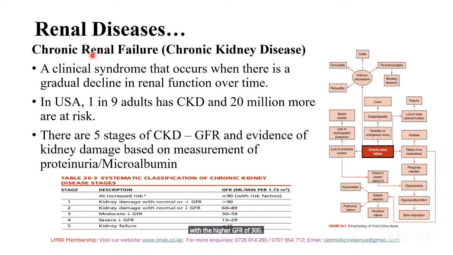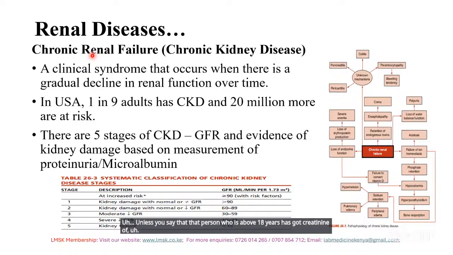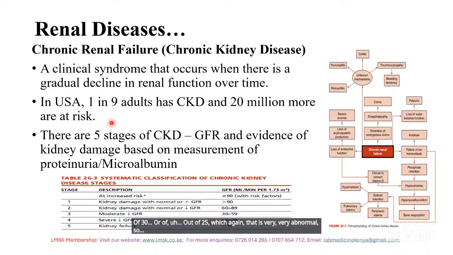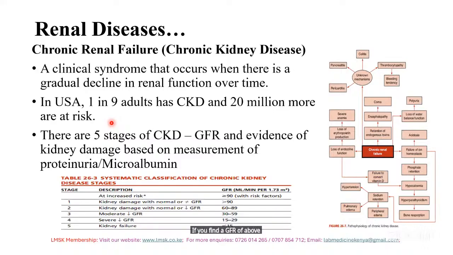Because if you try doing the formula, unless you say that person who is above 18 years has got creatinine of 30 or of 25, which again is very, very abnormal. So my reaction is that if you find a GFR of above 300, then it is a false high value. That is a very false high value.